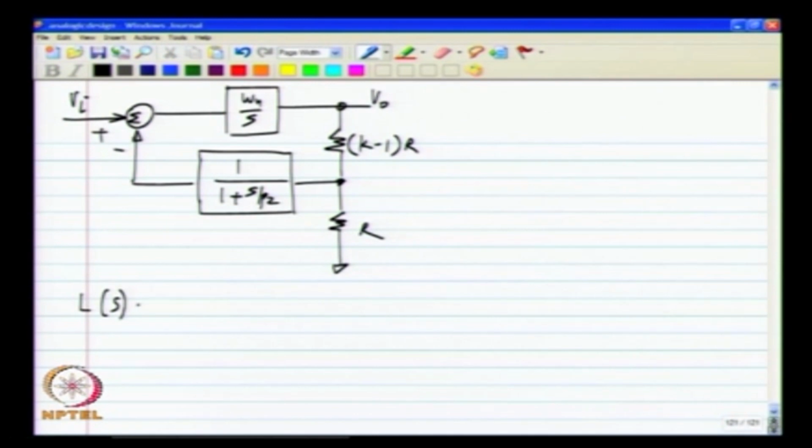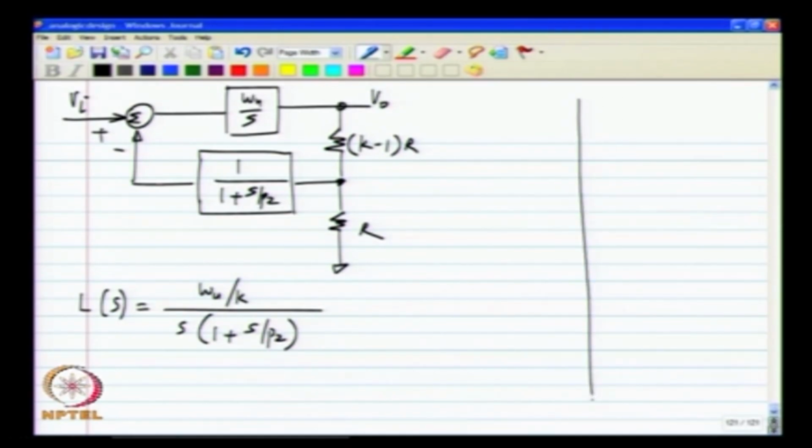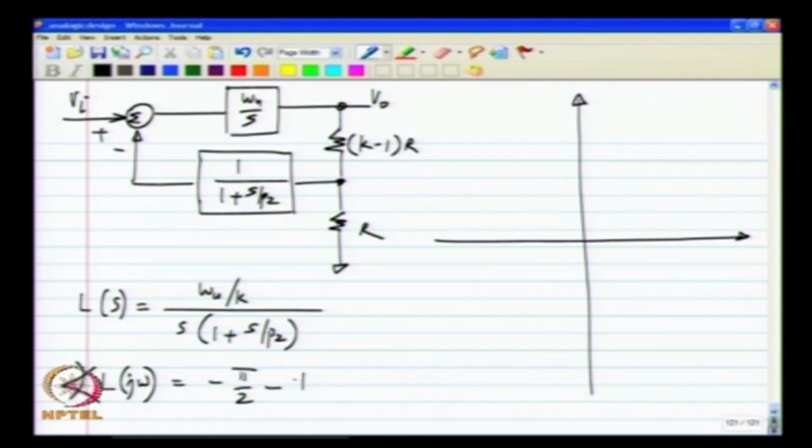And our loop gain is known. Okay. And the angle of the loop gain is -pi/2 minus tan inverse omega by P2. It is minus pi at high frequencies.